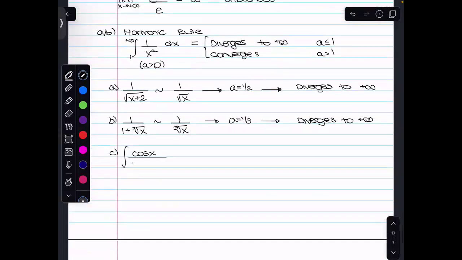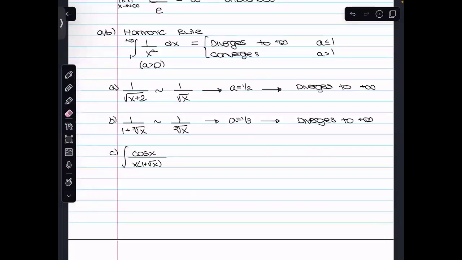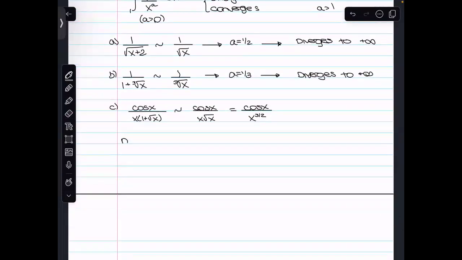So you could initially basically remove the 1 plus, similarly to the other ones. And then that becomes cosine over x to the 3/2. But then technically you can't use the asymptotic comparison test first.